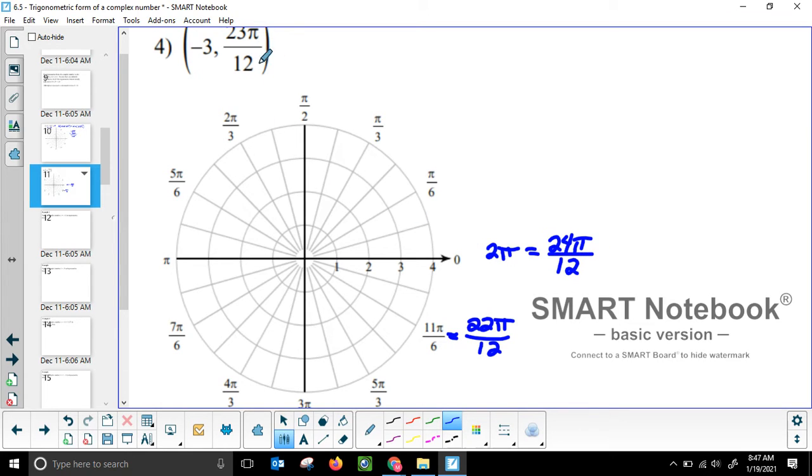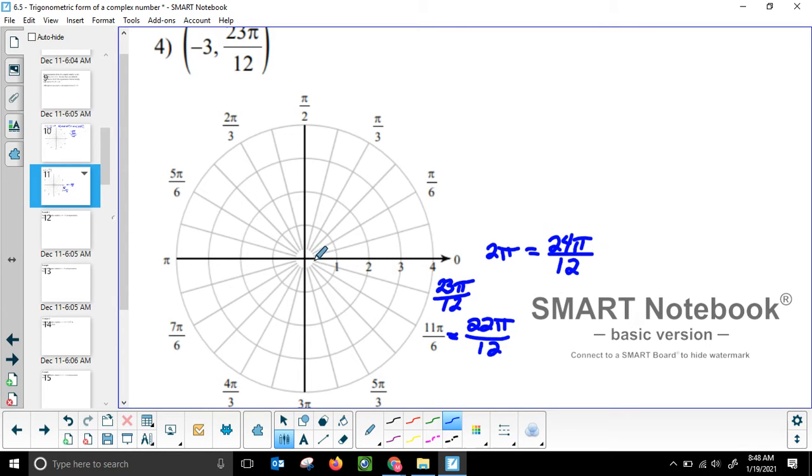So 23 pi over 12 should be right between these two. So this right here is 23 pi over 12, and we're going to be on this line. Now, it says to go negative 3. Of course, this would be positive 1, positive 2, positive 3, positive 4.